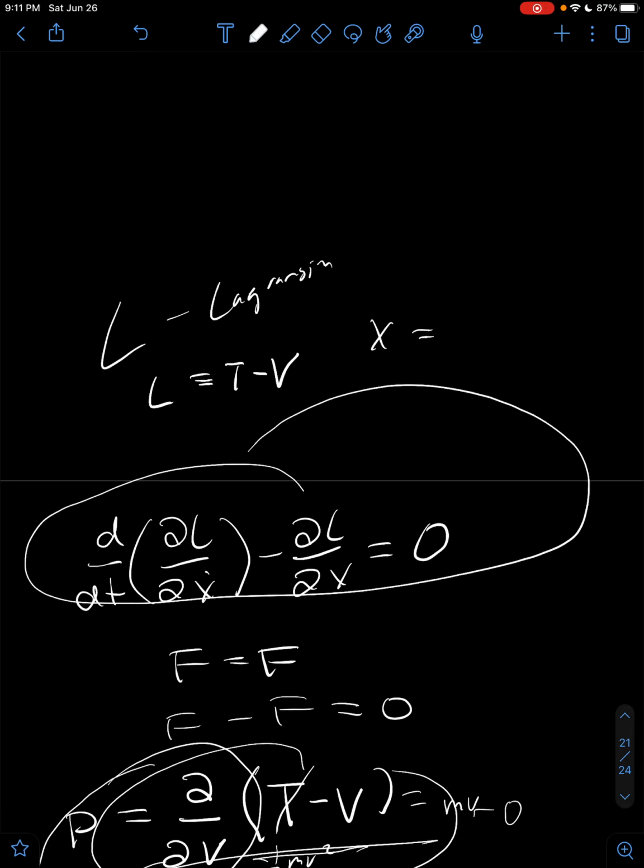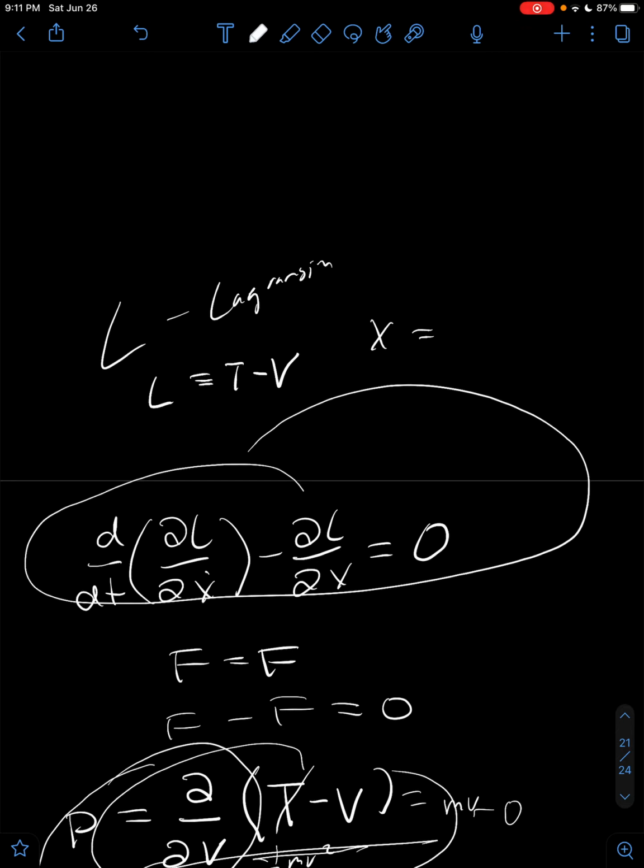This is just for the one-dimensional case. You can generalize this quite easily to multiple dimensions. You just have separate equations for each coordinate.